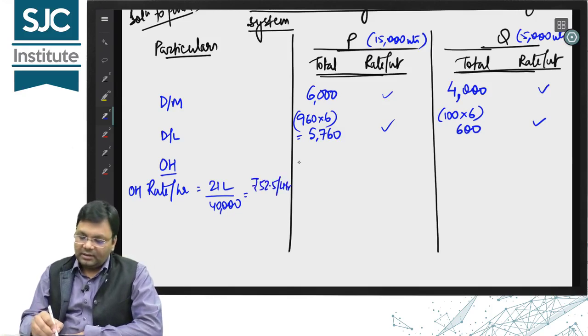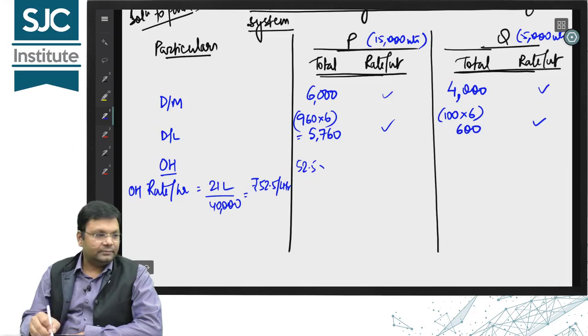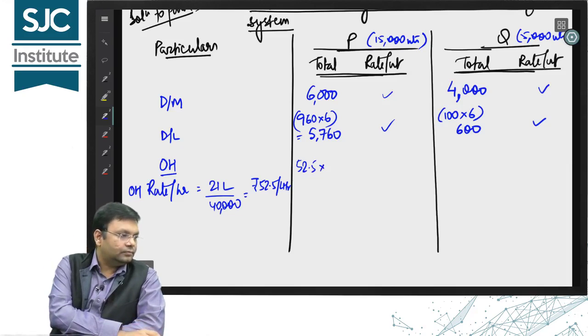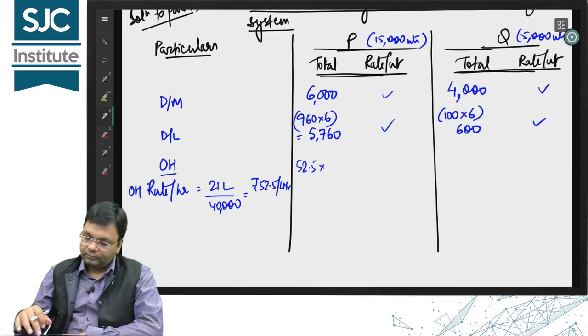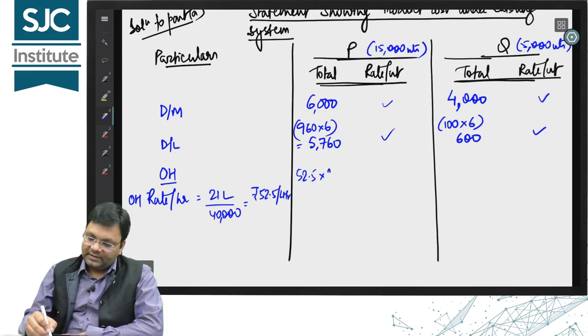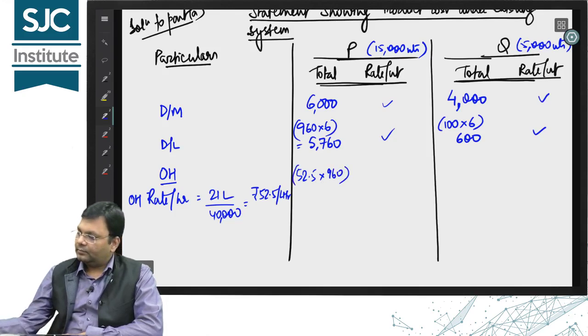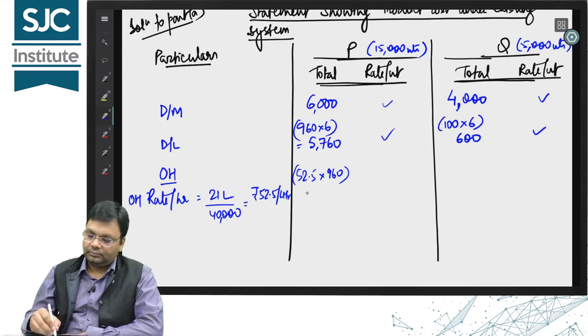So using this, 52.5 into total hours, which here is 960, is coming 50,400.